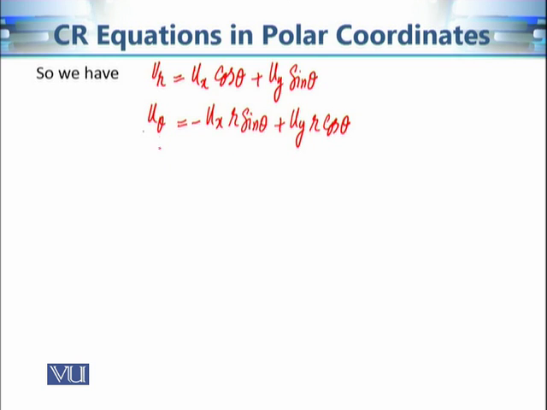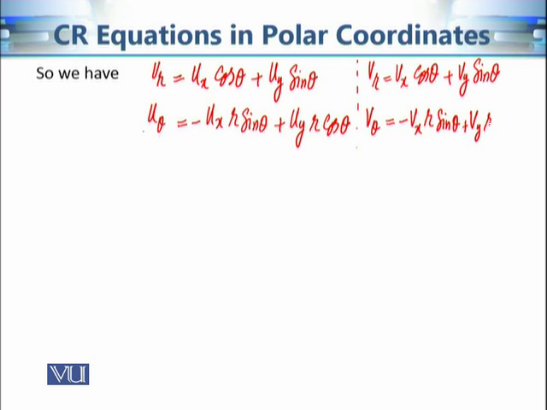And on the same lines we can calculate v_r. So v_r is going to be equal to v_x cosine theta plus v_y sine theta. Let me remind you, we are using the chain rule that we have discussed earlier to calculate these partial derivatives. Similarly we can calculate v_theta, the partial derivative of v with respect to theta. This is equal to minus v_x r sine theta plus v_y r cosine theta.